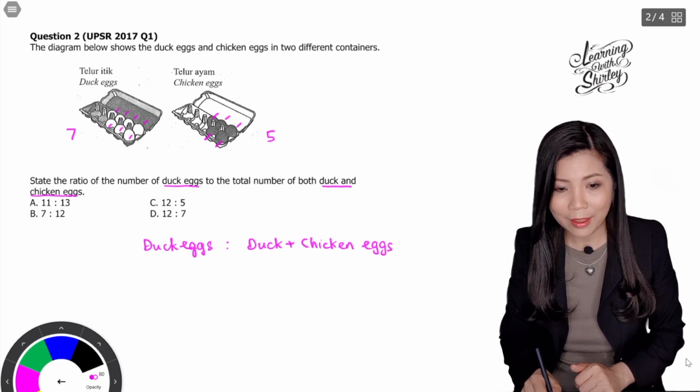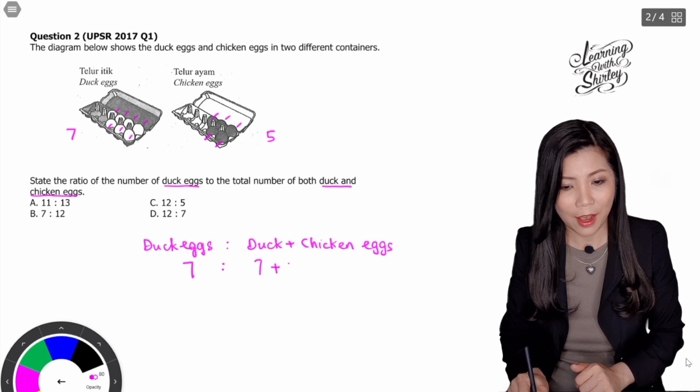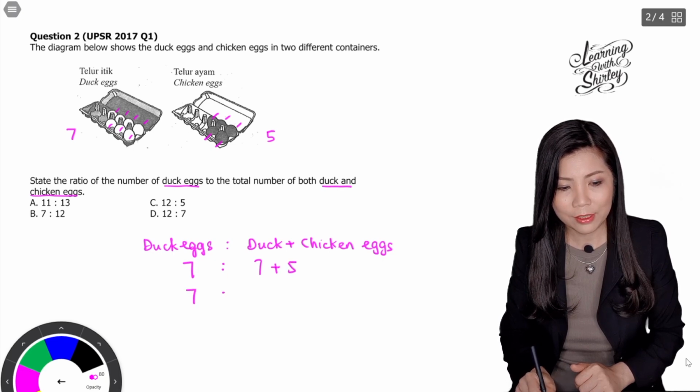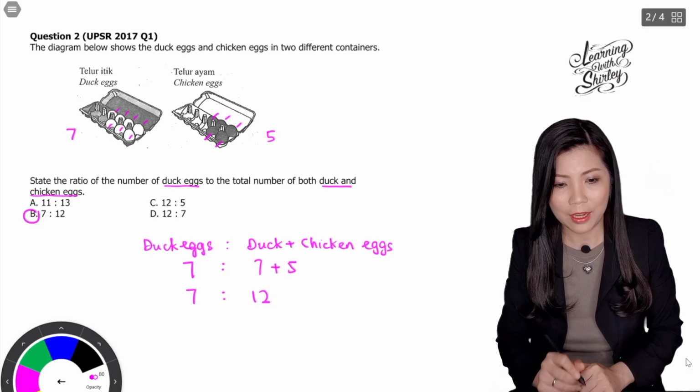Duck eggs, how many are there? 7. So duck plus chicken will be 7 plus 5. So we get 7 to 12. And the answer is B.